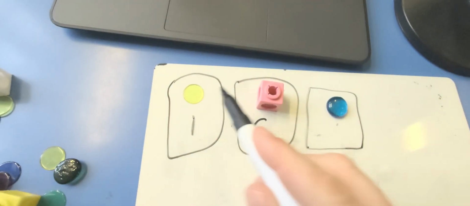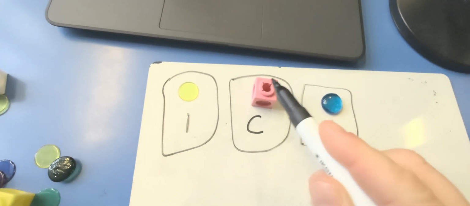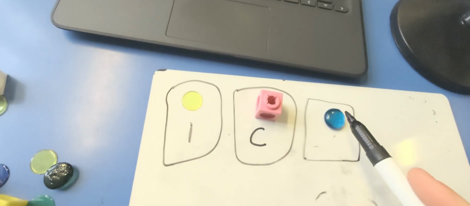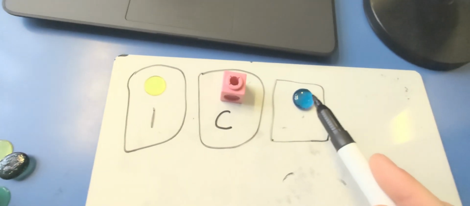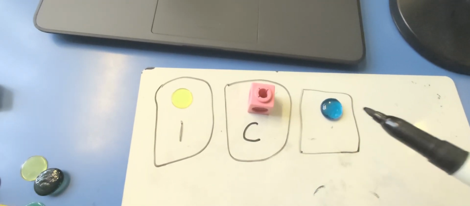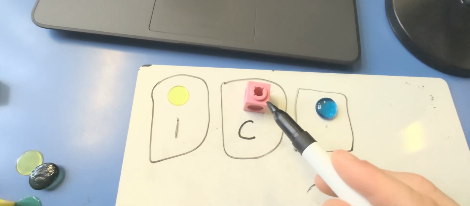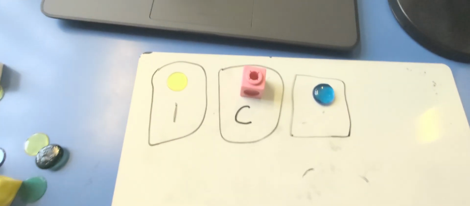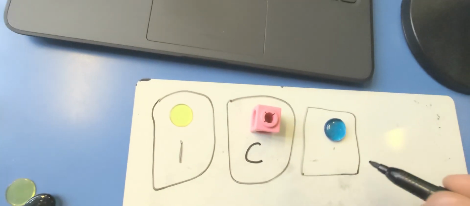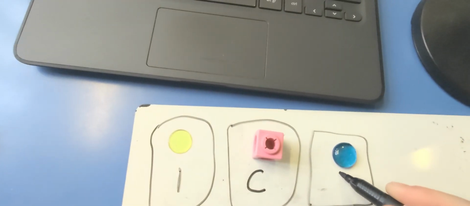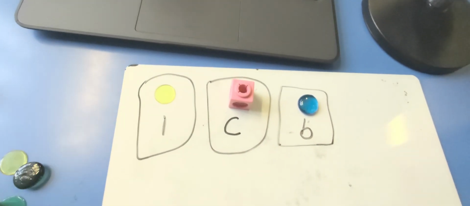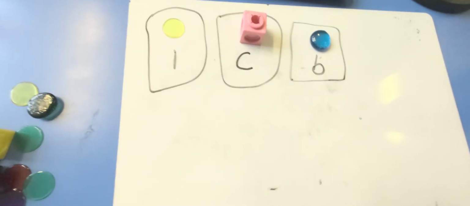I know that the counters are worth 1, I don't know how much the cube's worth, so I've called it C, and I don't know how much this is worth. However, I do know that it's probably different to the cube. So I can't call this one C, and I can't give it a number because I don't know what number it is. So I'm going to call this one B. No reason why I chose B, I could have chosen any letter. But in general, people tend to choose A, B and C because they're easiest.